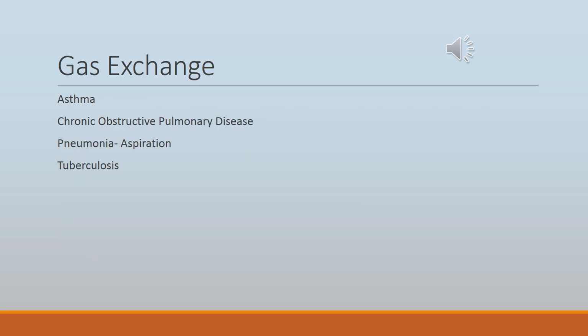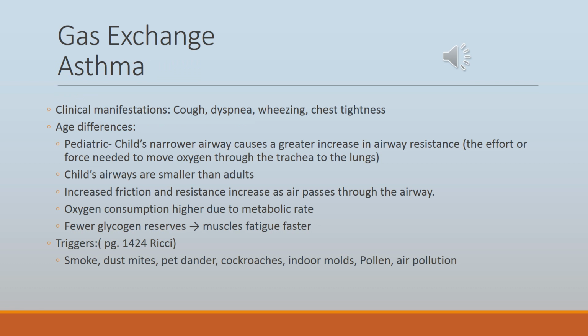With the concept of gas exchange, the exemplars are asthma, chronic obstructive pulmonary disease, pneumonia, aspiration, and tuberculosis. Asthma is a chronic inflammatory disease of the airways that causes airway hyperresponsiveness, mucosal edema, and mucus production.